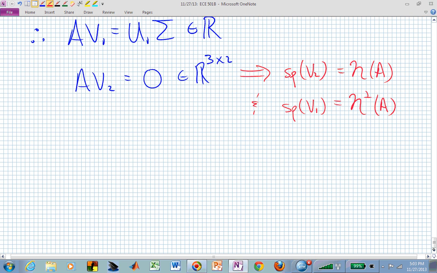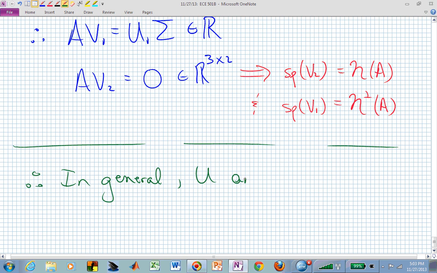And that's now what I would like to say is a general result. Therefore, in general, U and V, coming from our SVD, meaning here we have A is equal to U sigma V transpose, that's the U and the V that I'm referring to.